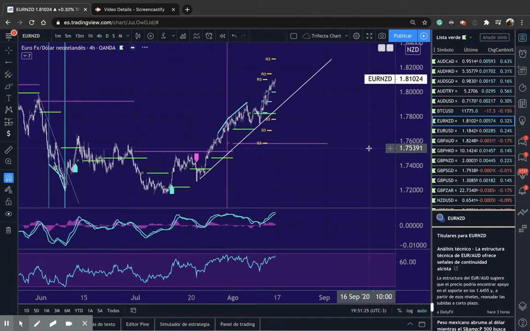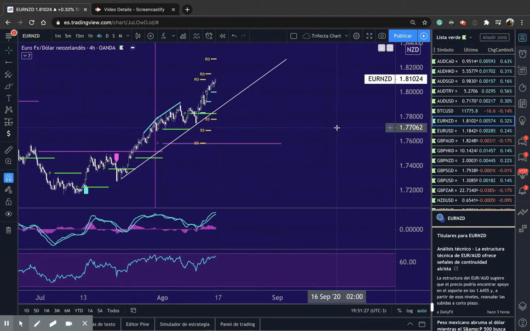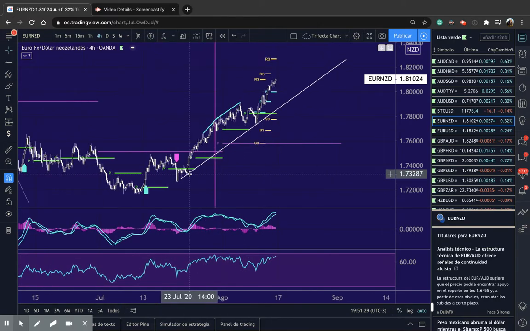Okay, euro against the New Zealand dollar, we have a really nice upwards movement, and in this case I'm going to keep watching the euro against the New Zealand because we have to wait for a, how do you say it in English, a chart pattern that confirms our setup.